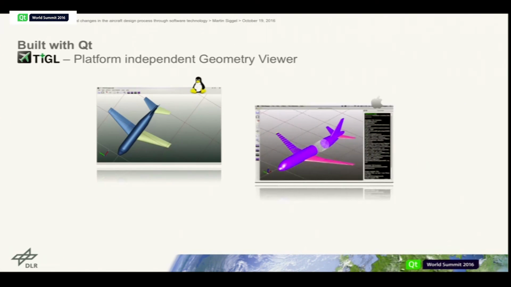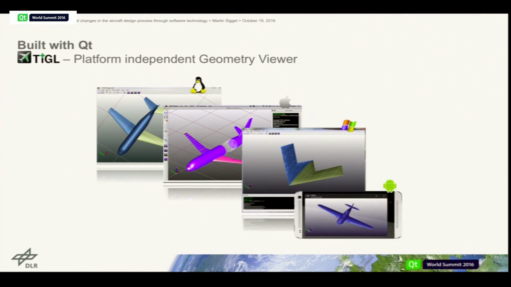Because we also have a viewer which is visualizing this geometry, and it's platform independent. We support Linux, Mac, and Windows, and even Android. But Android is not written with Qt. It's Android native with a C++ part under the hood, at the moment at least.